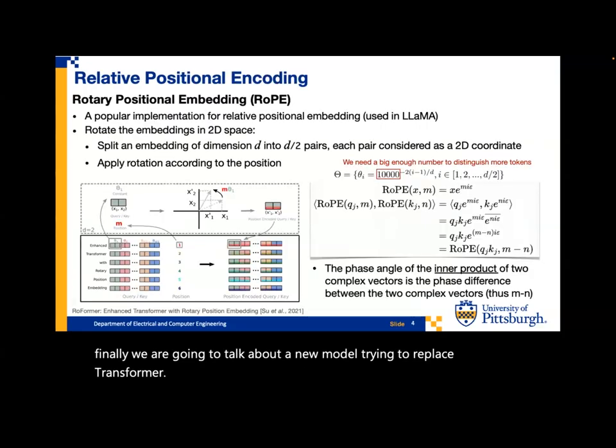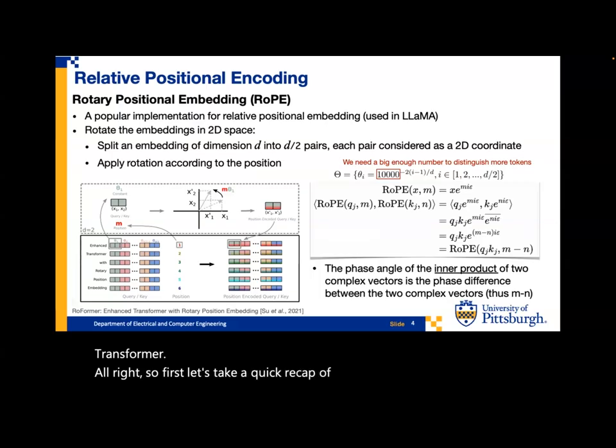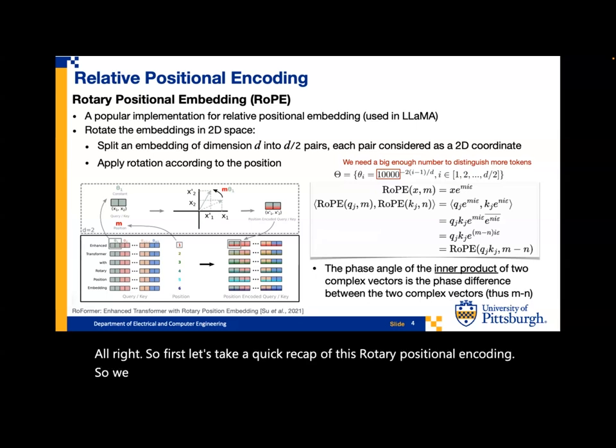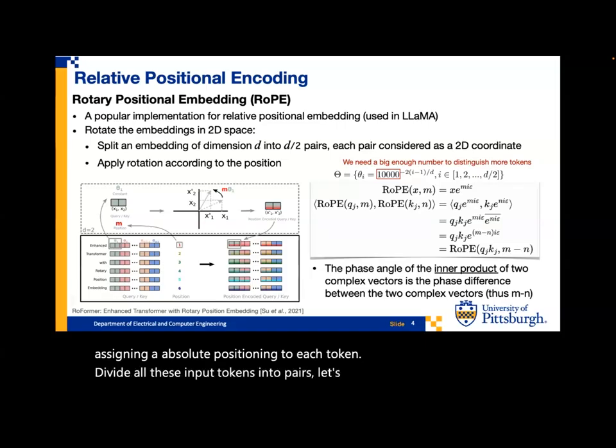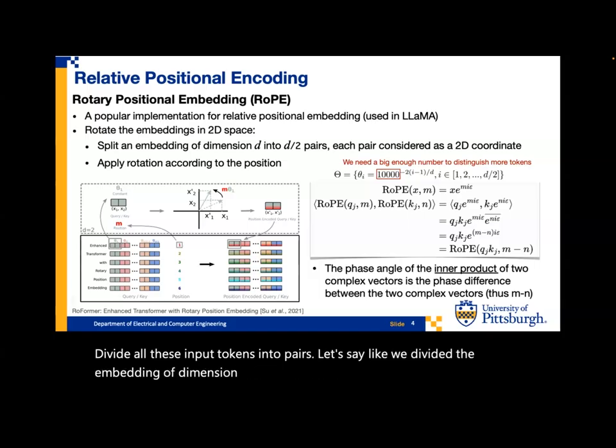All right, so first let's take a quick recap of rotary positional encoding. We explained this previously, so this is just a quick review. In rotary positional encoding, instead of assigning an absolute position to each token, we divide the embedding of dimension d into d/2 pairs.